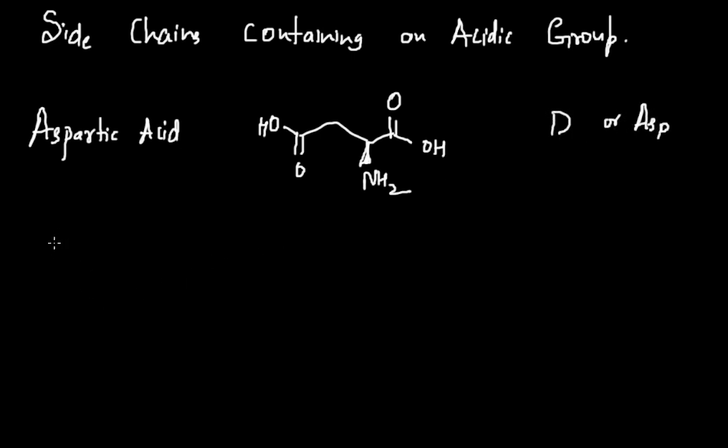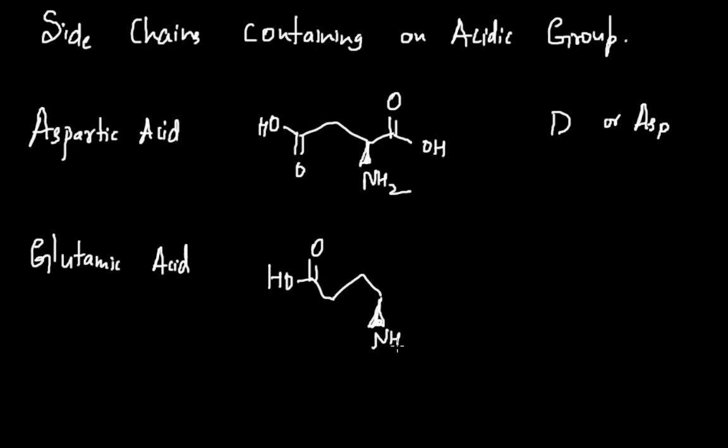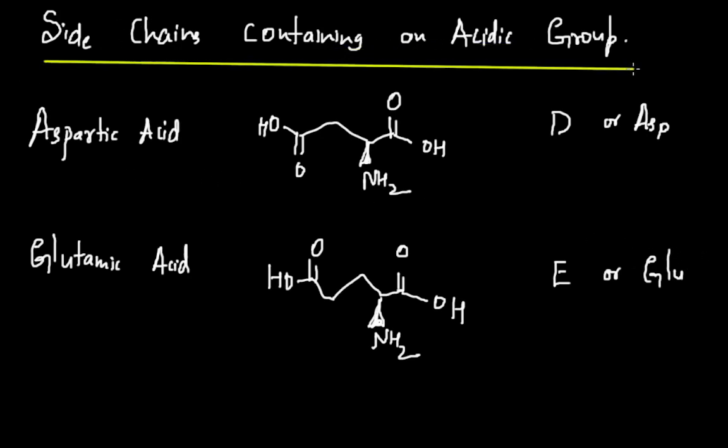You also have glutamic acid, abbreviated E or GLU. So this was about side chains containing an acidic group. There are also side chains containing a basic group.